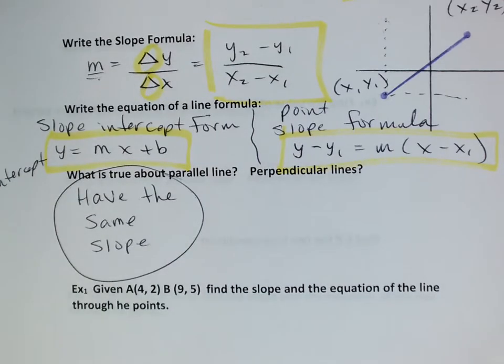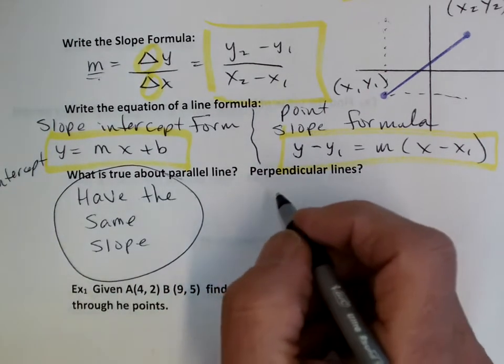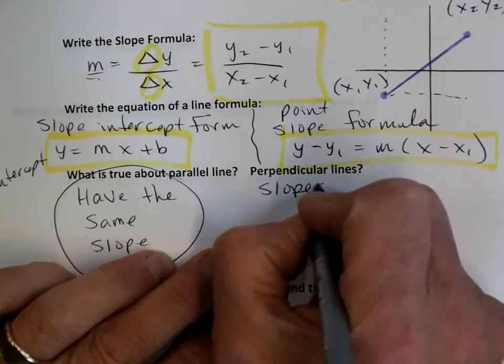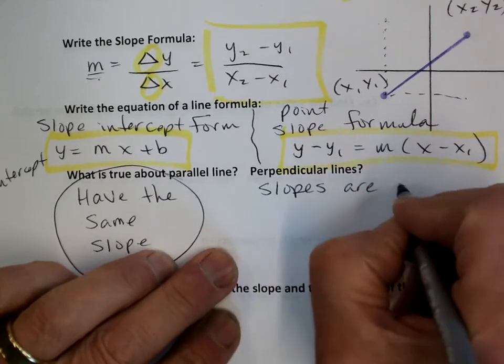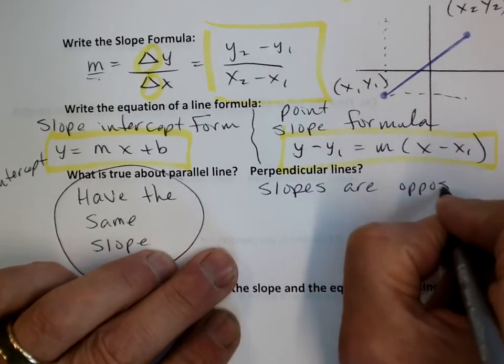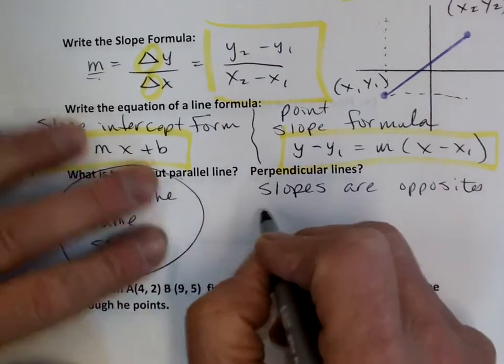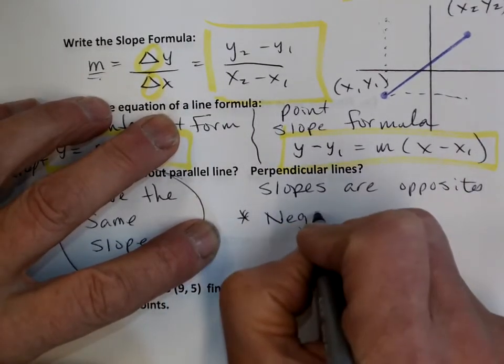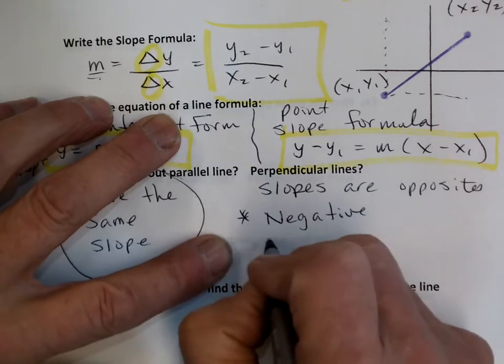What about perpendicular lines? What do we know about their slopes? They're opposites. We have to be careful when we say opposites, but you're totally correct, Nina. They're opposites, so slopes are opposites. What does that mean? They are negative reciprocals.